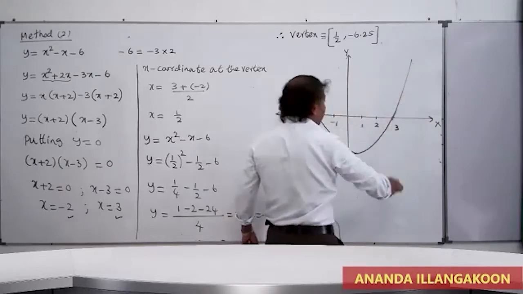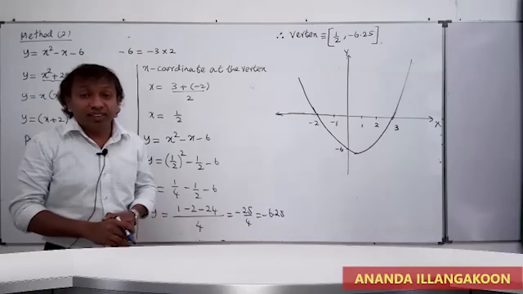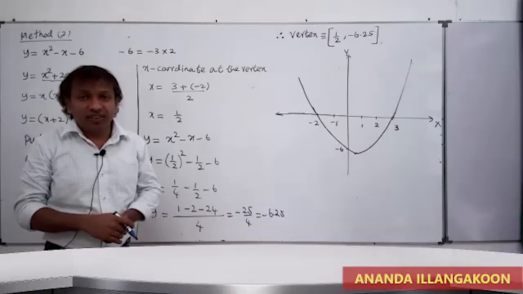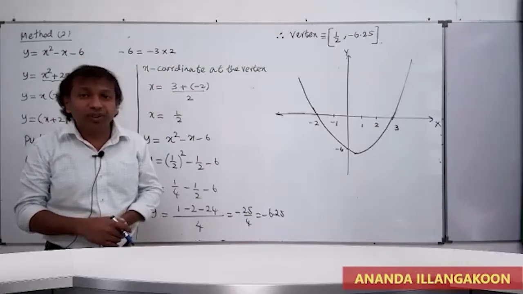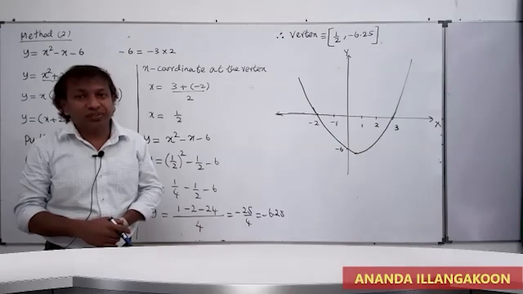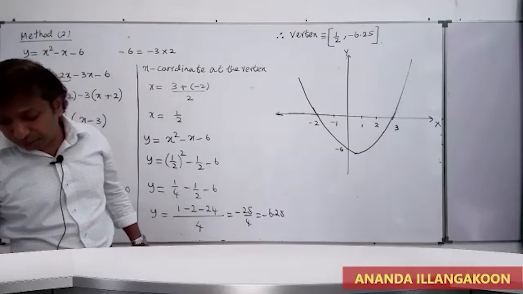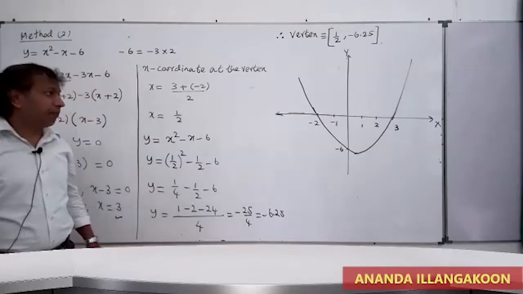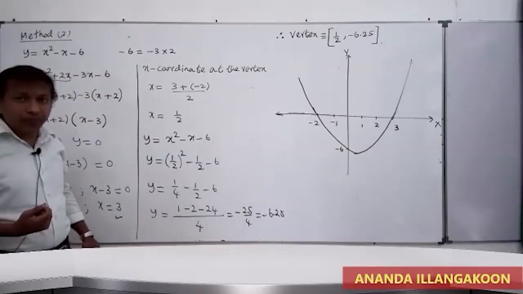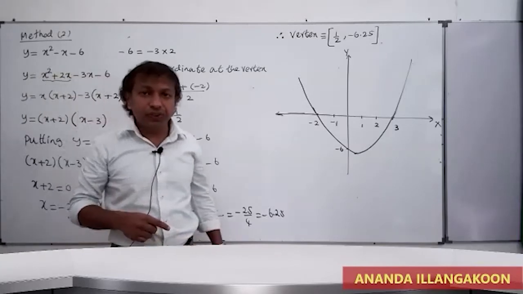This graph is very much enough in our A-level work. It is the same graph you drew earlier by using a table. No longer do we make the table. This is the second method, people. Now we'll come to another graph, a maximum one, to draw using this method.